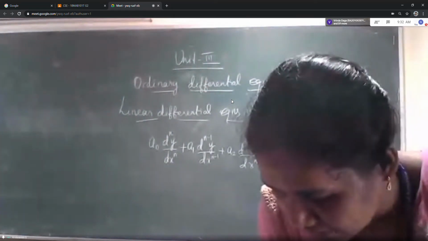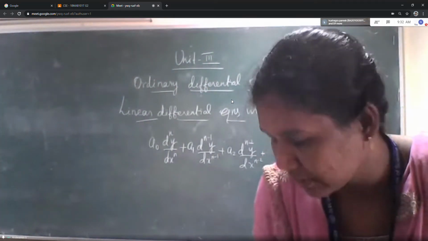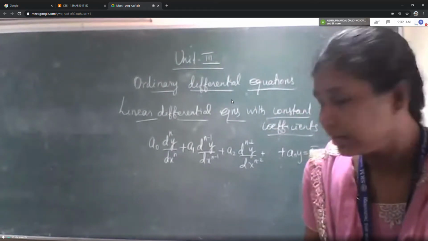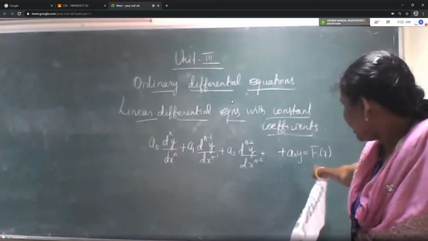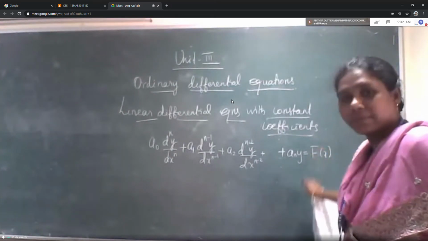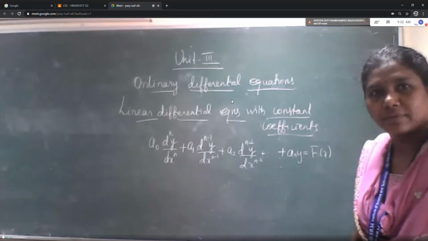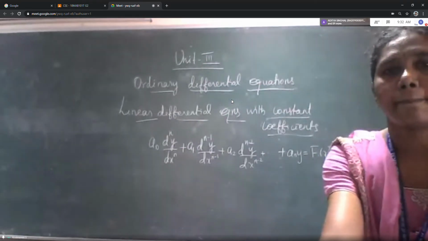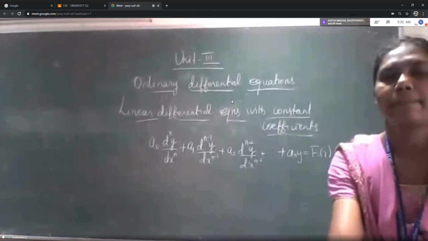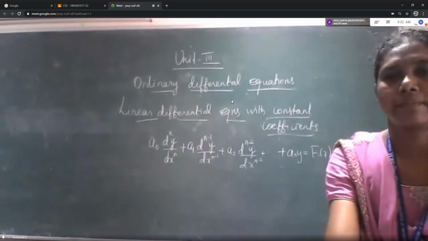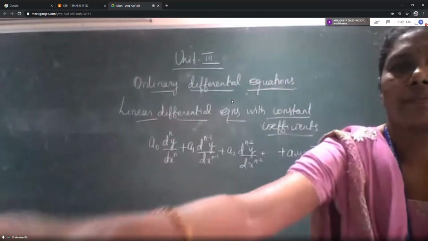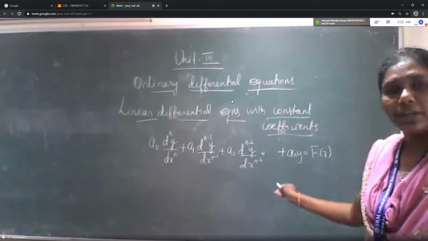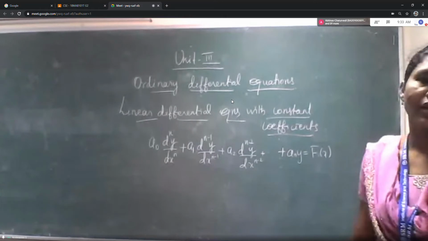Can you repeat the last sentence? Where a naught, a1, etc., an are constants, and y equal to f of x.